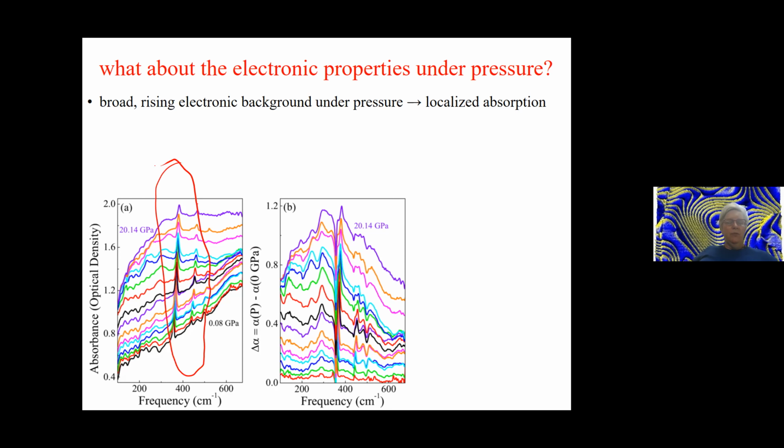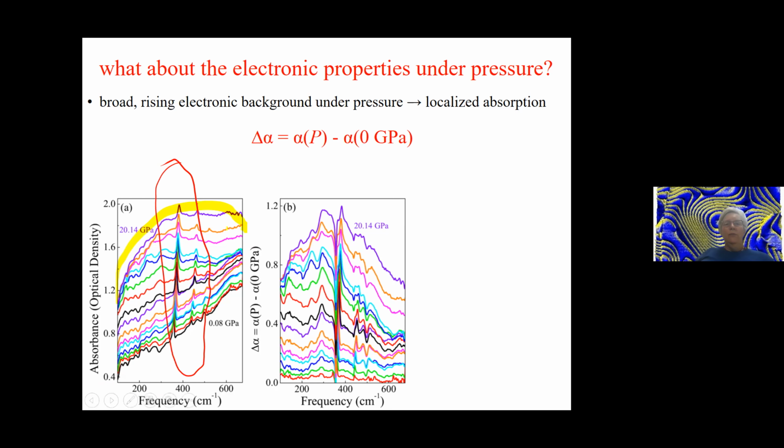I changed the frequency axis so that you could see only a close-up view of the phonons. But if I show you this view from low frequency up to much higher frequency, what you see very clearly is this very broad, localized absorption.